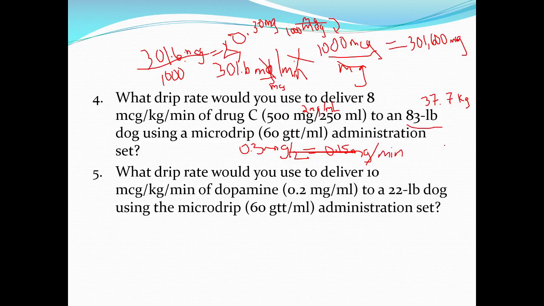So that's a very small amount. 0.15 every 60 seconds is going to be 0.002. It's a very small amount. 0.002 mils per second.